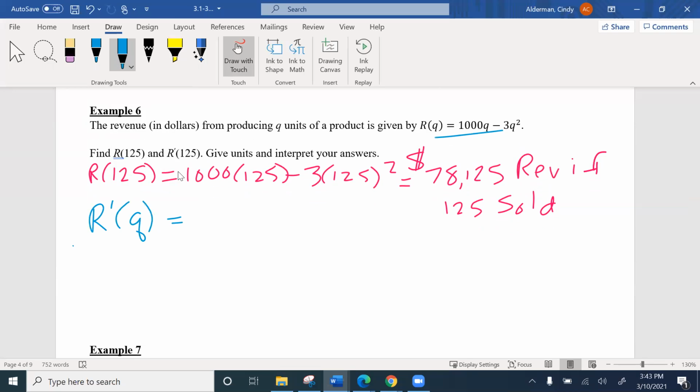So the derivative of this would just be 1,000, because Q is to the first power. If you take the derivative of a term to the first power, the derivative ends up being the coefficient, minus 6Q. So that's the derivative. Now let's evaluate it when Q is 125.